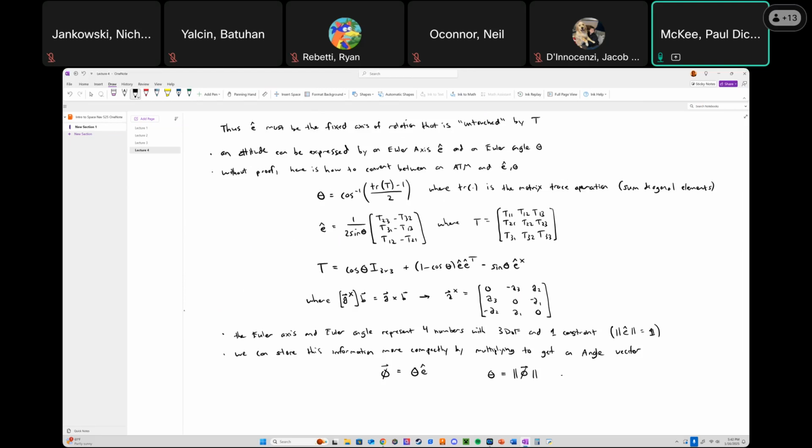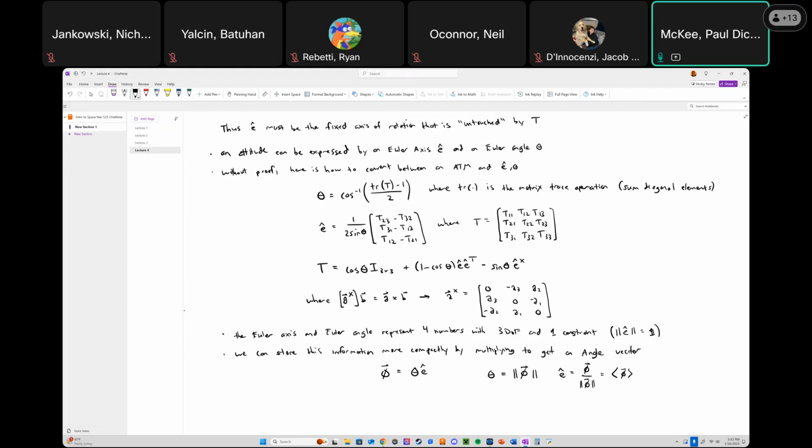And then E has to be the angle vector normalized, which I like to use the shorthand left bracket, right bracket to mean normalized, if I get a little lazy and I don't feel like writing that. So E is the angle vector normalized, theta is the norm of the angle vector.